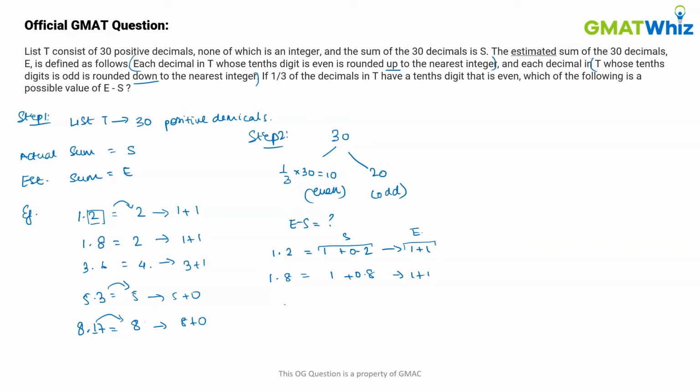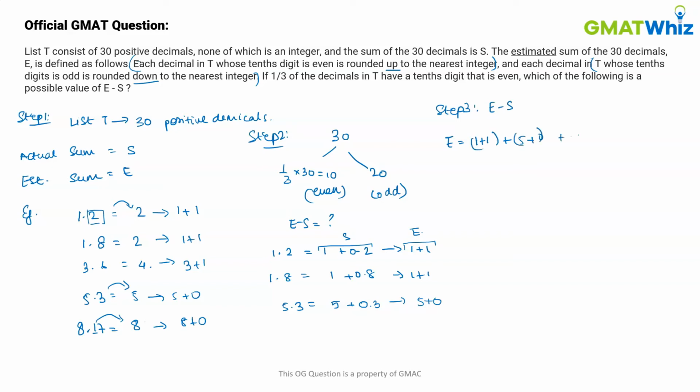Similarly, 5.3 can be written as 5 plus 0.3 which will give us the actual sum, and 5 plus 0 which will give us the estimated sum. Now keeping this in mind, we move on to step 3 and calculate the difference of E minus S. Now E will be equal to, if the number is 1.2, then E will be equal to 1 plus 1, and if the number is 5.3, E will be equal to 5 plus 0.